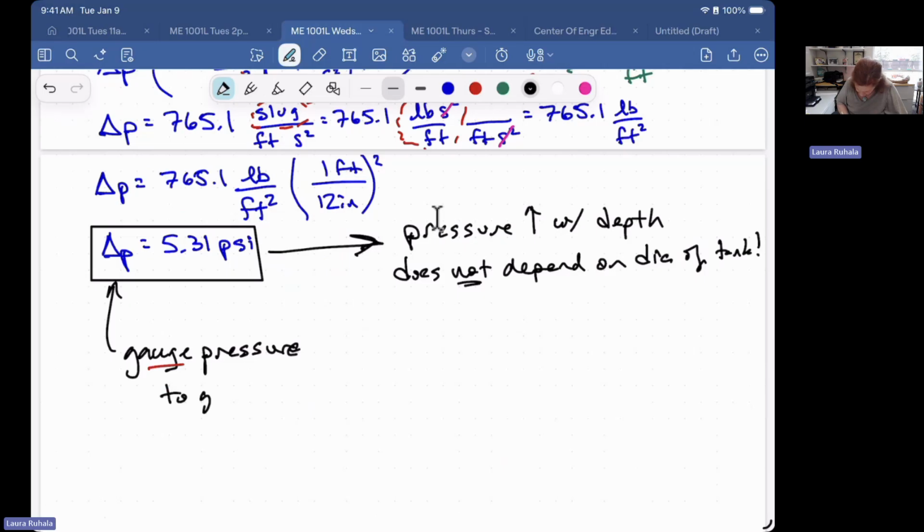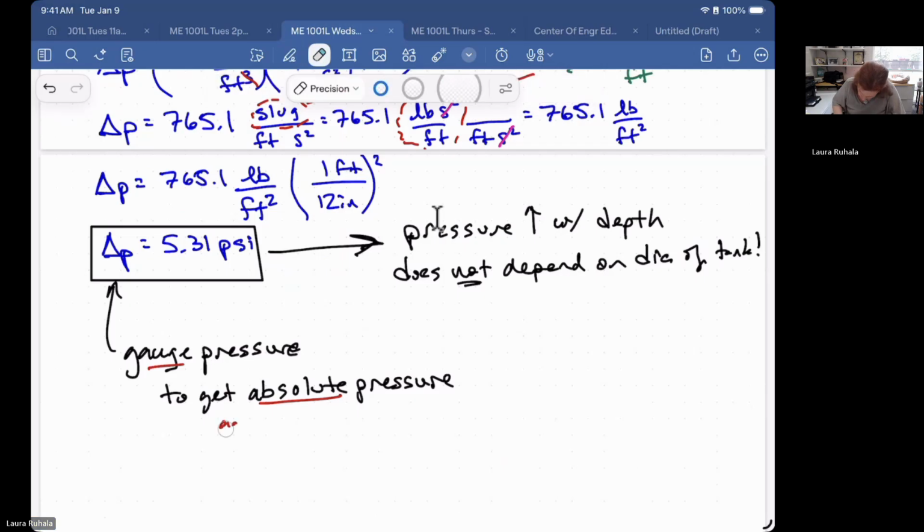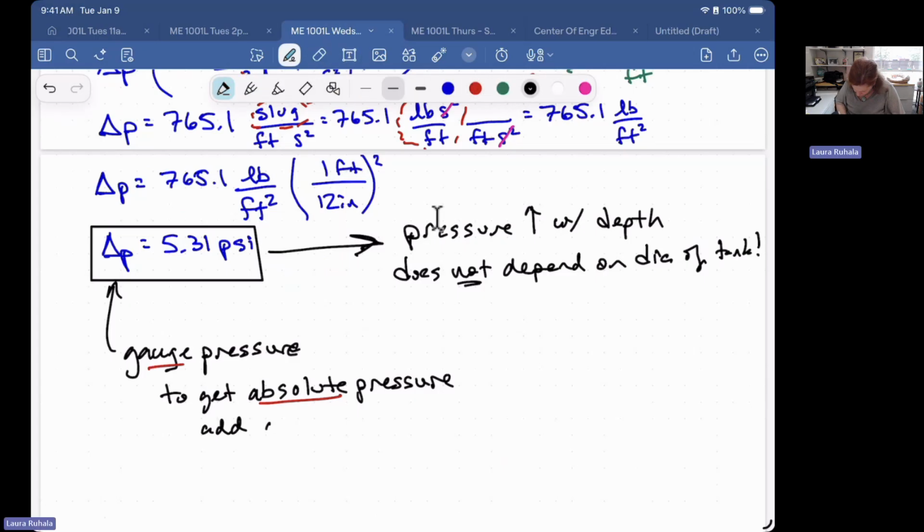So to get absolute pressure, which is the actual pressure 18 feet down, I would add atmospheric pressure.